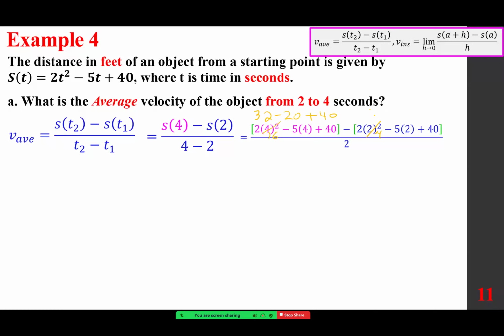This is 4, so 2 times that, 8 minus 10 plus 40, which ends up being 38. So 52 minus 38 is 14 over 2. The answer is 7. Units of the numerator in feet over the units of the denominator in time in seconds. So 7 feet per second.